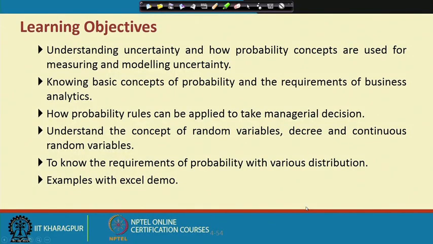In fact, it is not something new, but still we need to know something related to probability and how it is useful for business analytics.